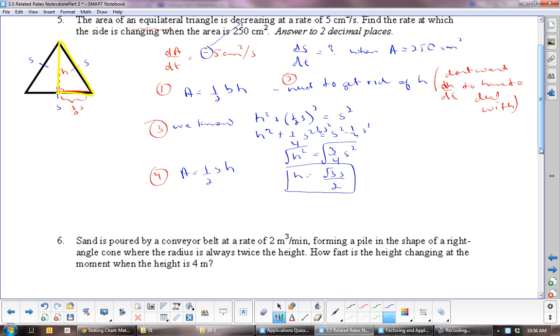So I now know height, so I'm going to take this and sub it into there, and I will have area equals 1/2 S times root 3 over 2 S. So area would equal root 3 over 4 S squared.